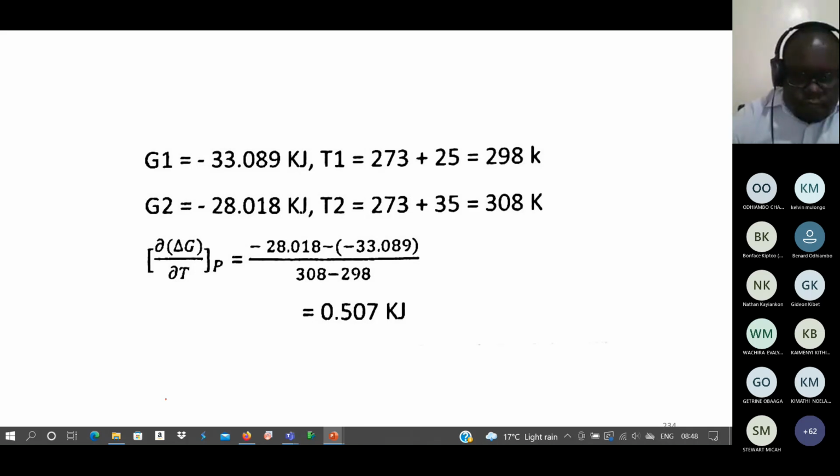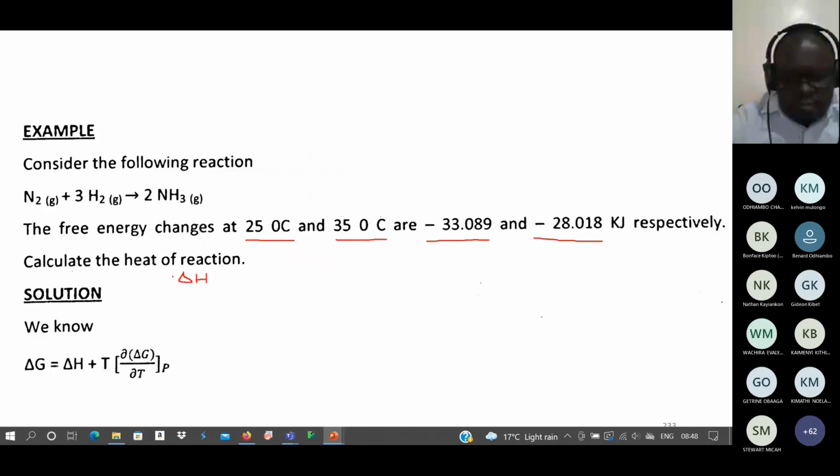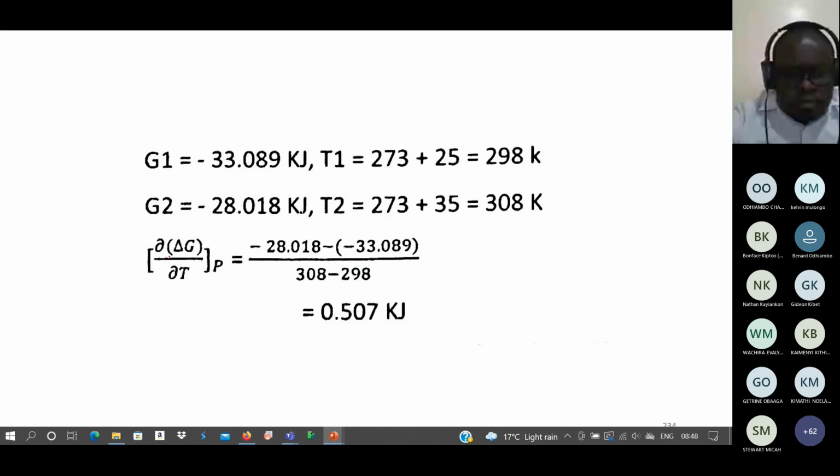Now, knowing these values for G1 and G2, we can find the change in delta G with temperature at constant P. This will be given by G2 minus G1 over T2 minus T1.